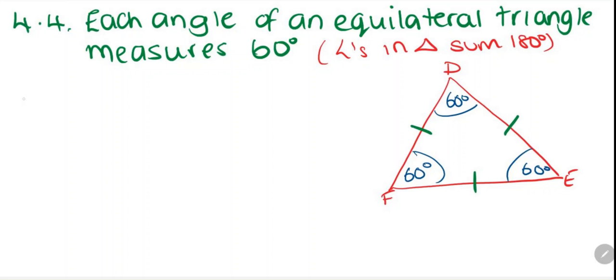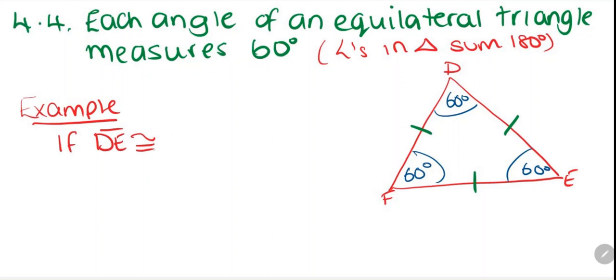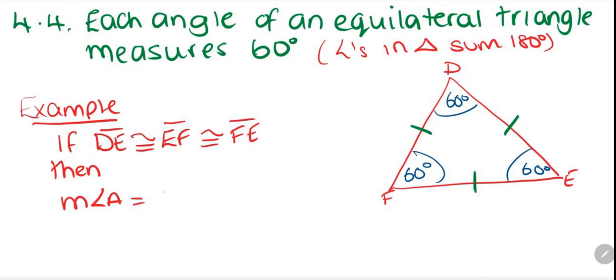So an example would be if our segment DE is congruent to our segment EF, and that is congruent with our segment FE, then the measure of angle A is equal to the measure of angle B is equal to the measure of angle C, which is equal to 60 degrees.